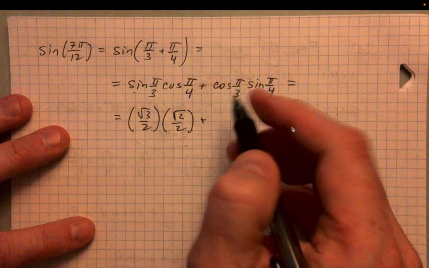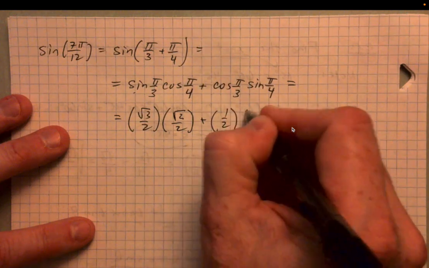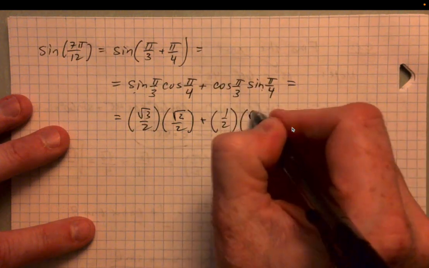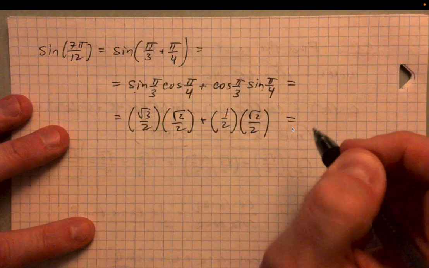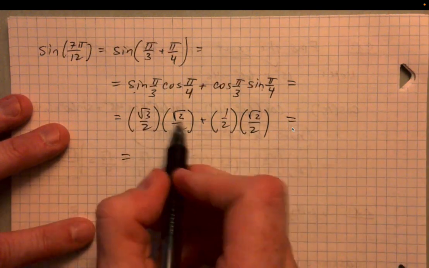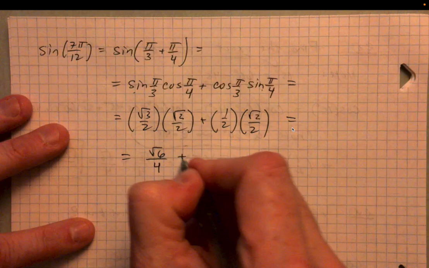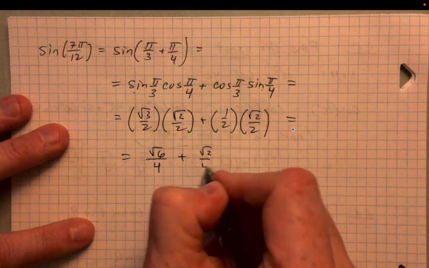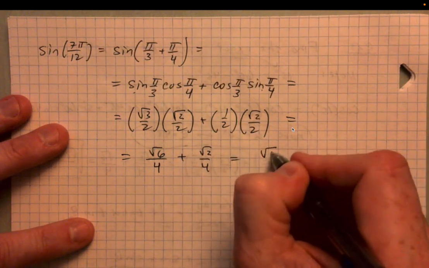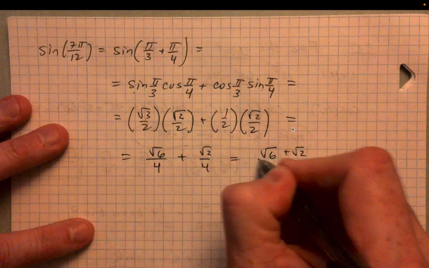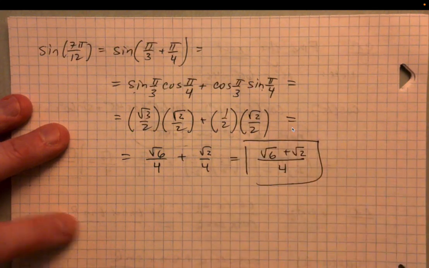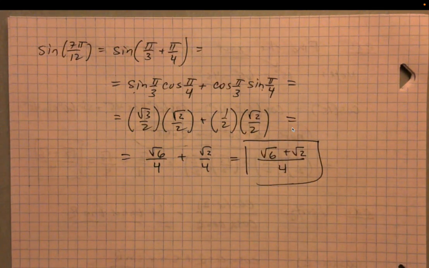Cosine of pi over 3 is a half. And sine of pi over 4 is again square root of 2 over 2. So this whole thing reduces down to square root of 6 over 4 plus square root of 2 over 4. And kind of similar to the last example, we'd want to leave it in that form there.